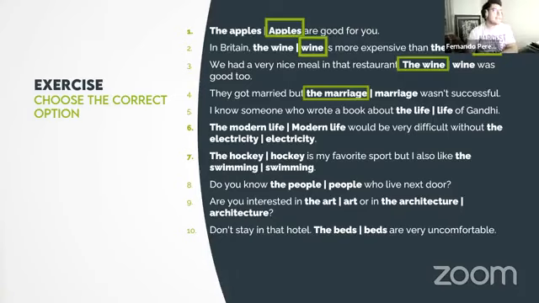Why "the life"? It's about the life of Gandhi, because it's a specific life of a specific person. Okay, then you are correct. It's a specific person, brother. Excellent. The next, Elsie, number 6.